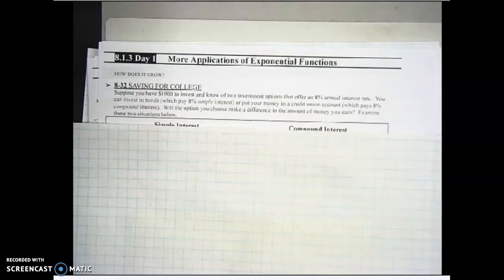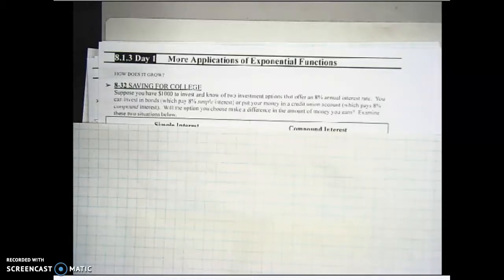You can invest in bonds, which pay 8% simple interest, or put your money in a credit union account, which pays 8% compound interest. Will the option you choose make a difference in the amount of money you can earn? Examine these 2 situations below.